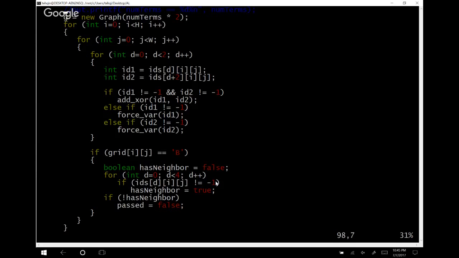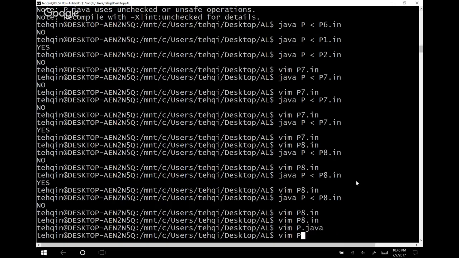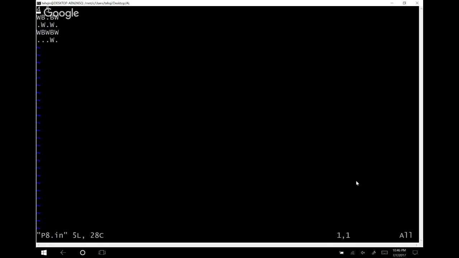See if we can debug this. Two, three. I believe I found the test cases, so I'm going to see why this code breaks.